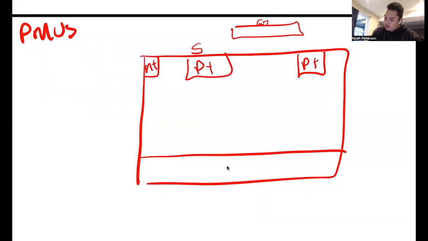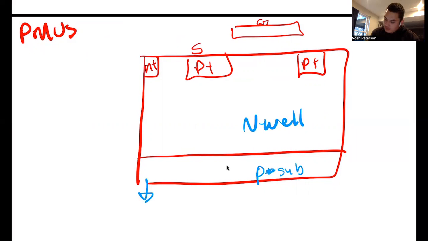So this is your N well. This is your P substrate. And generally, these are grounded.